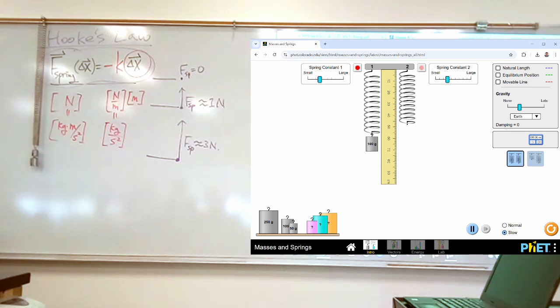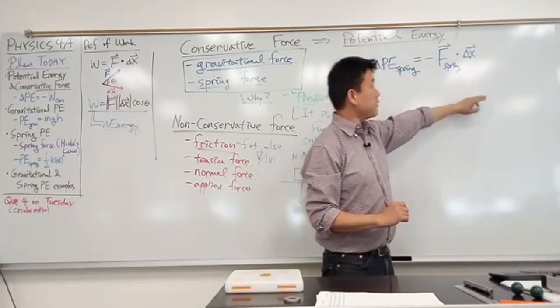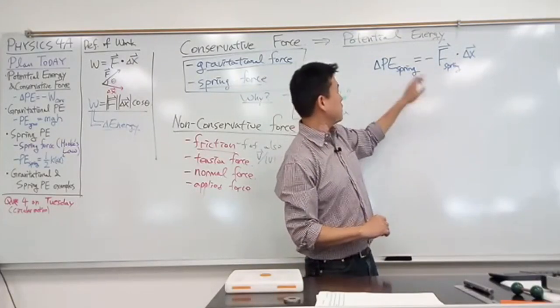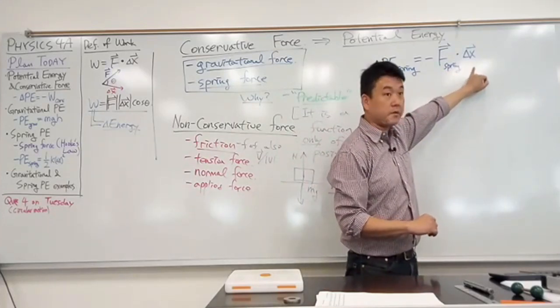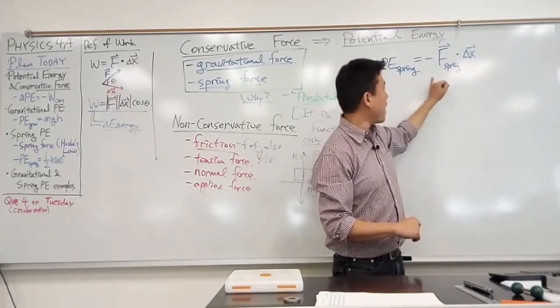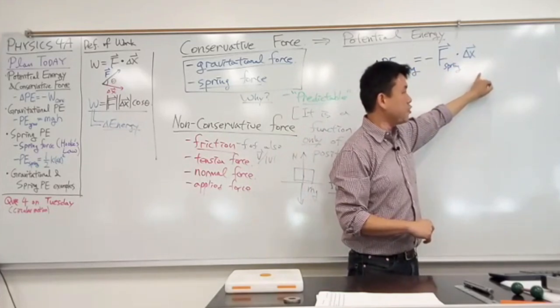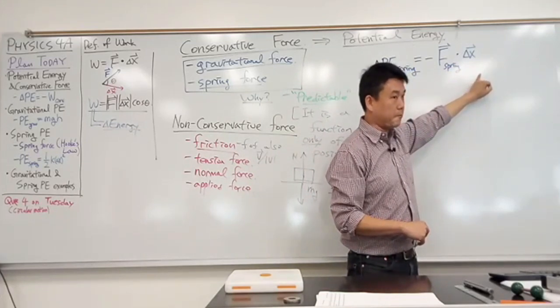So as it goes from here to the lowest point, I want to see how much work the spring force is doing. So I might start out by writing this down, that the work done, or the potential energy, is the force times the displacement. But when you write it out, you run into a little bit of a problem.